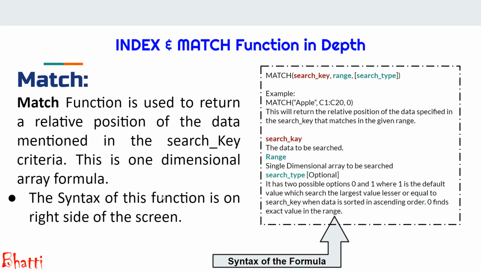Mostly it is applicable on the numeric values. Wherever it finds the nearest value, it will show us the result. Now we will see in the practical example what I mean by exact match and near match or approximate match and this type of thing.